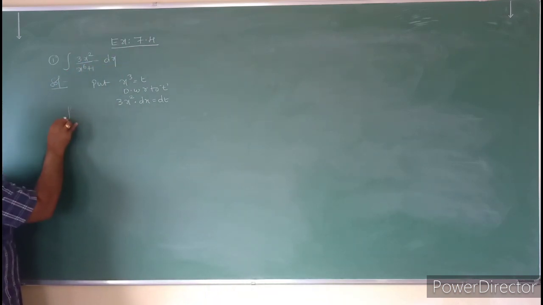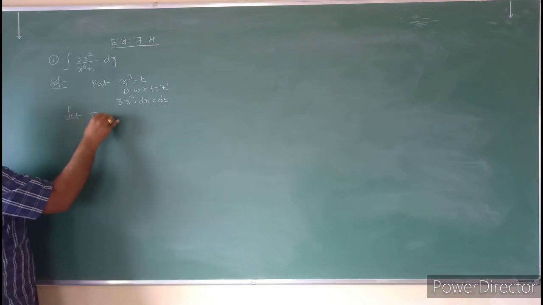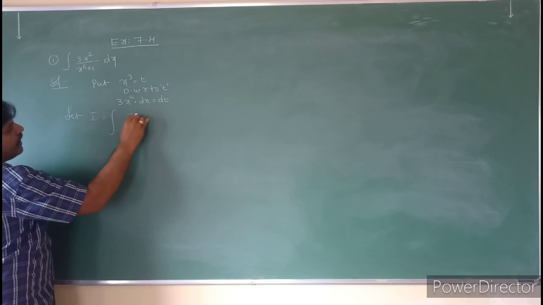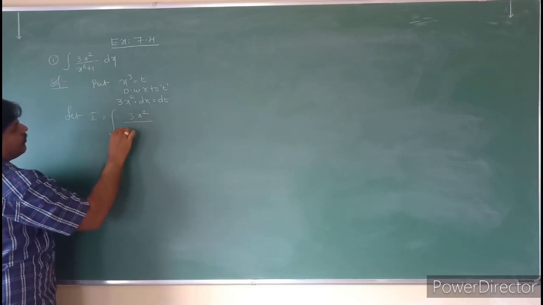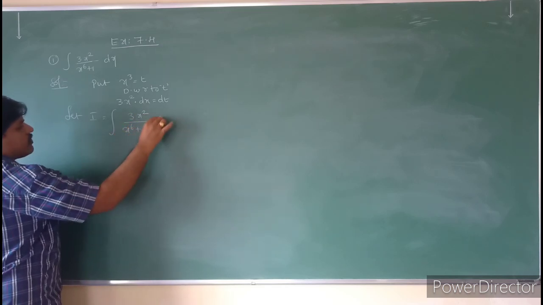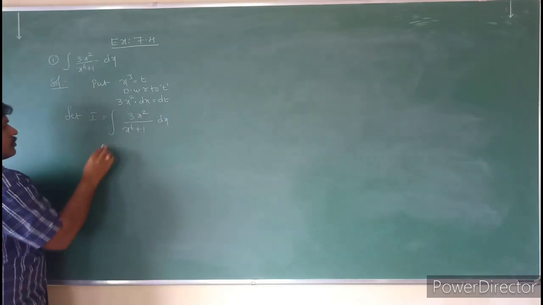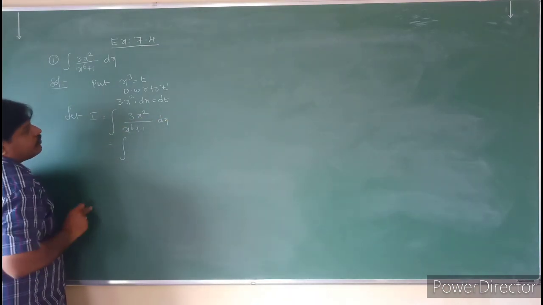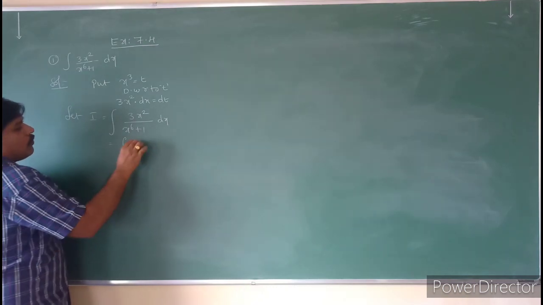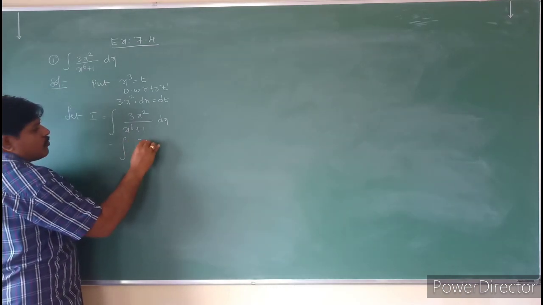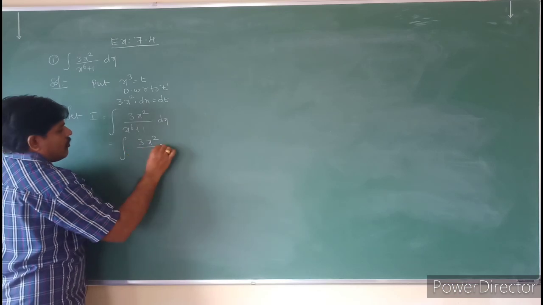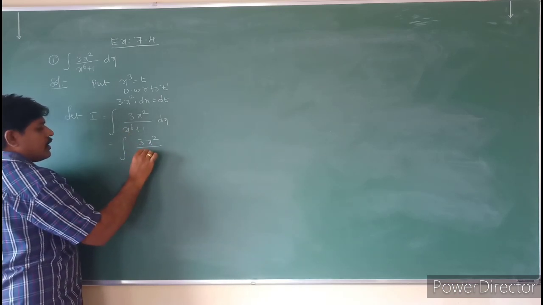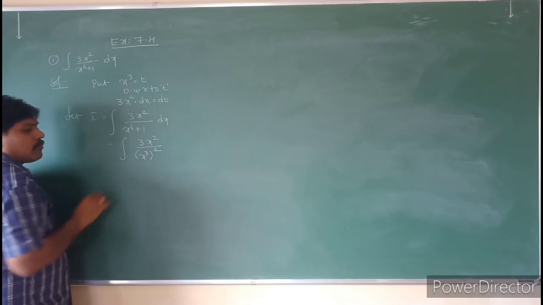So take the problem as I is equal to integral of 3x square by x power 6 plus 1 into dx. This problem is converted into the form of this one. You can write x power 6 as x cube whole square, yes or no?